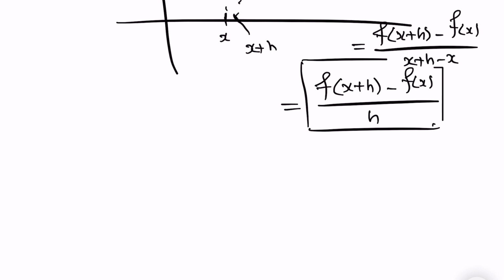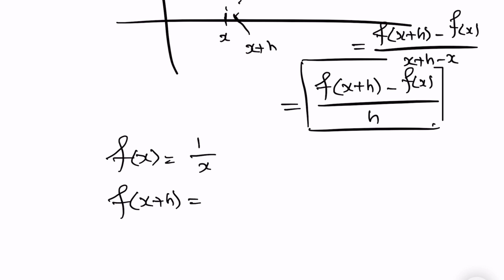So for example, say we have to find the difference quotient of 1 over x. In this case f of x plus h is going to be 1 over x plus h.